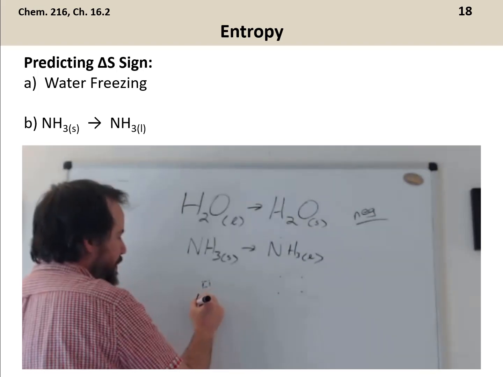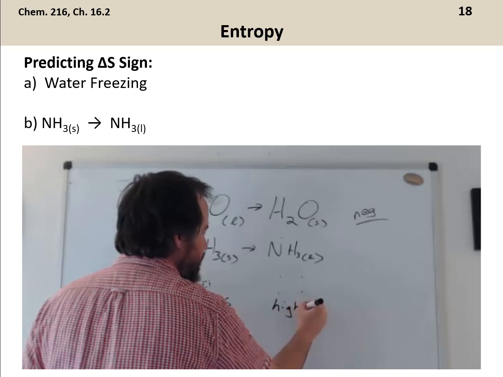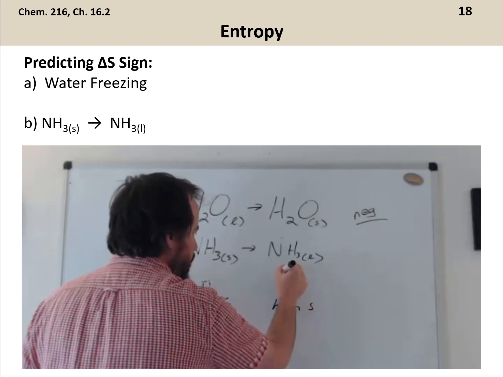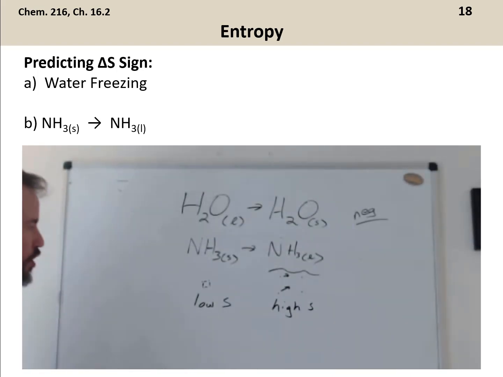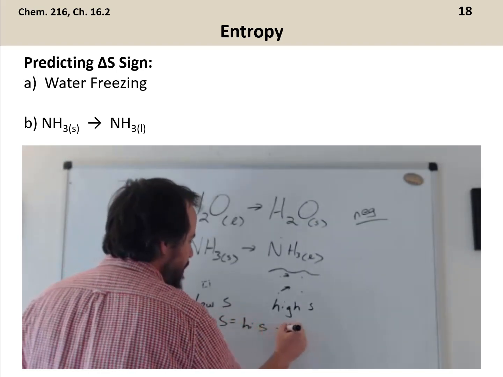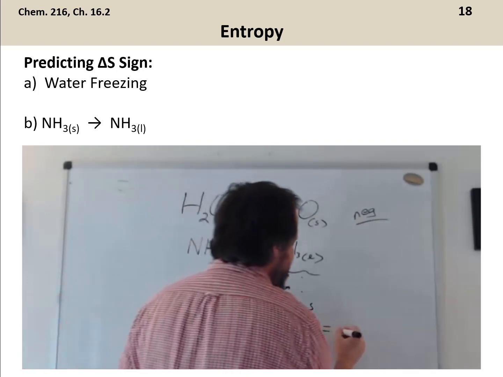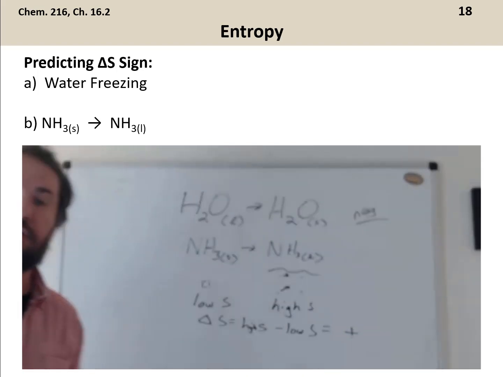So this will be low S, this will be higher S. So now my delta S is high S minus low S. And so this is going to be a positive value, right?